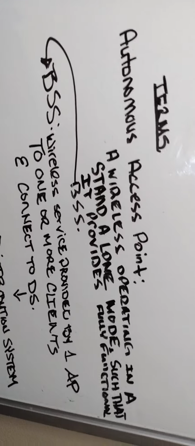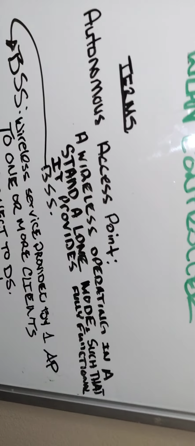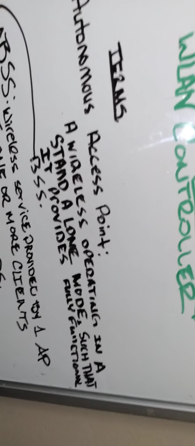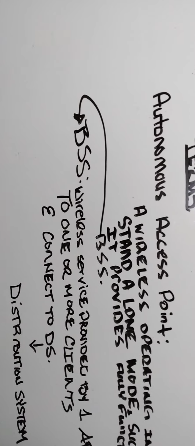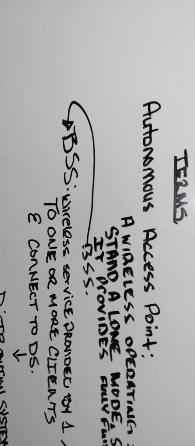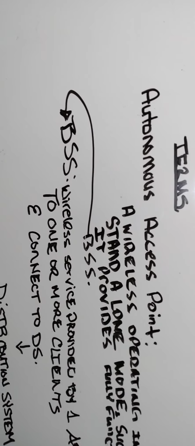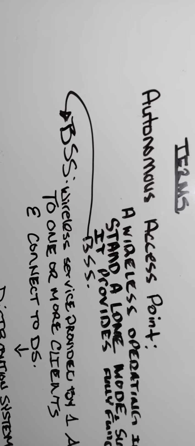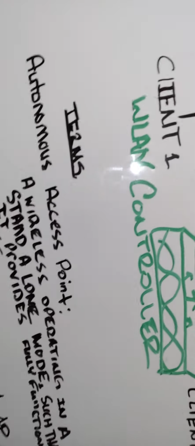An autonomous access point is defined as a wireless AP operating in a standalone mode such that it provides a fully functional BSS. BSS is a wireless service provided by one access point, AP, to one or more clients to connect to the DS. DS is the distribution system.